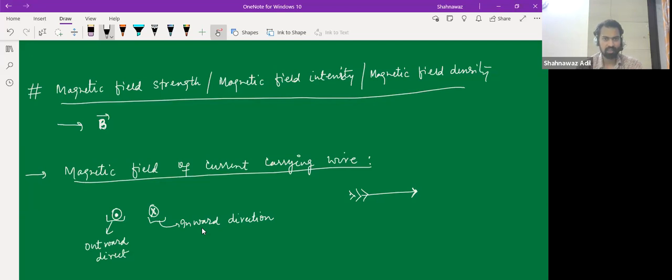We can also represent the inward or outward direction in i, j, k notation. If I write k hat, is this inward or outward? Outward.